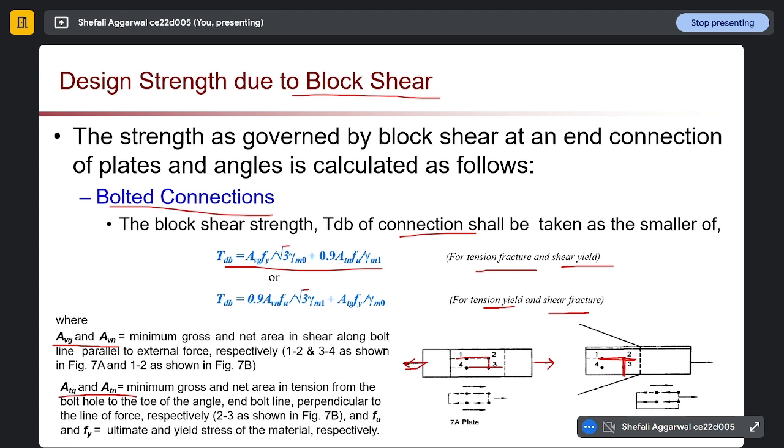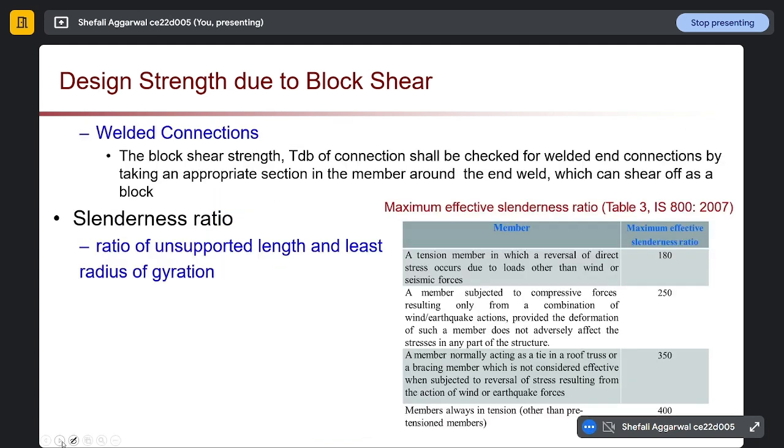In this case, it will be full area. Okay. And last thing is FY and FU. FU will be the ultimate strength. FY will be the yield stress.